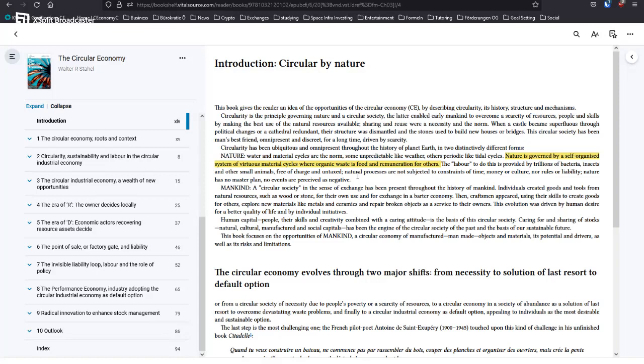So the amount of dependencies for every living being, every species living on planet Earth, the amount of dependencies of every species to another species is in the trillions.